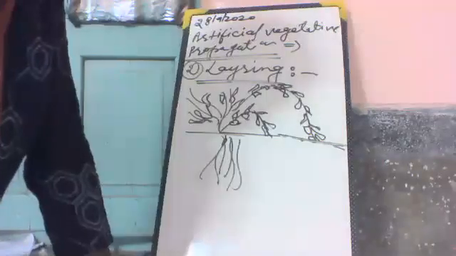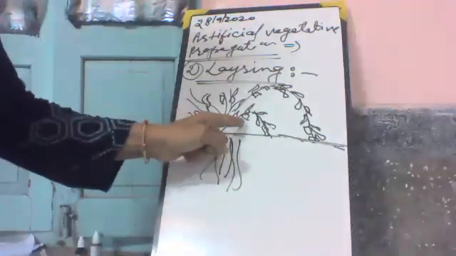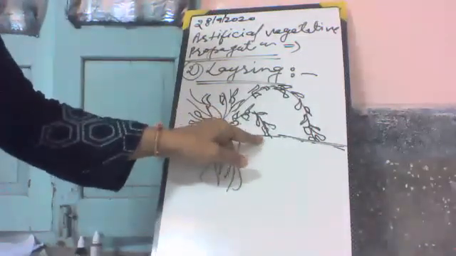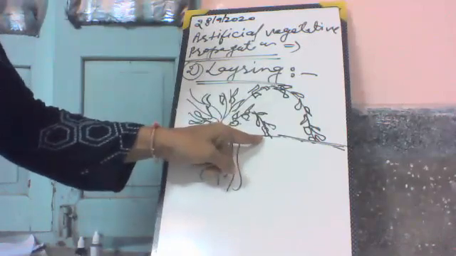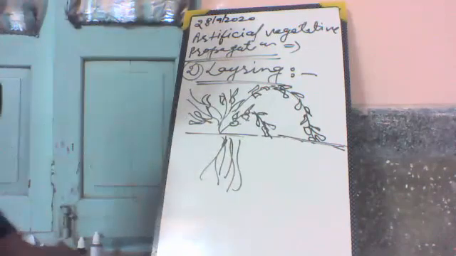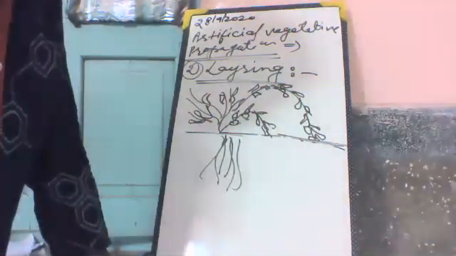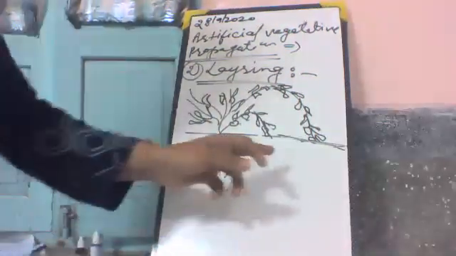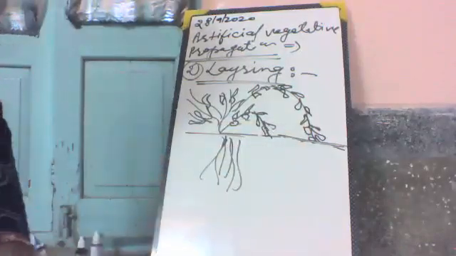In this method, a portion of one of the lowest branches of the plant is bent to the ground with an axillary bud at the node, so that it touches the soil.